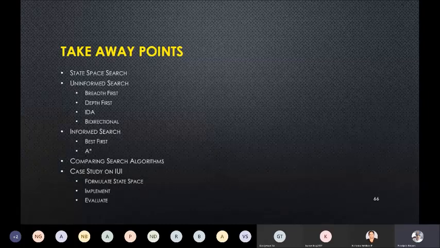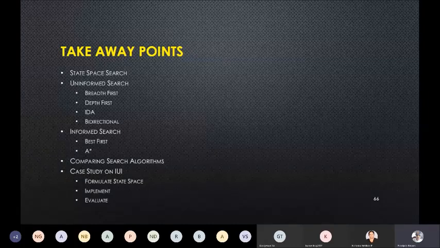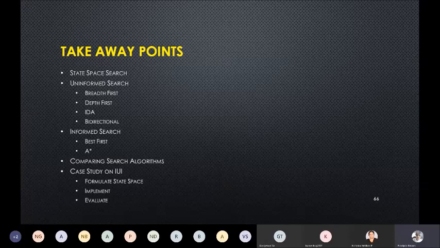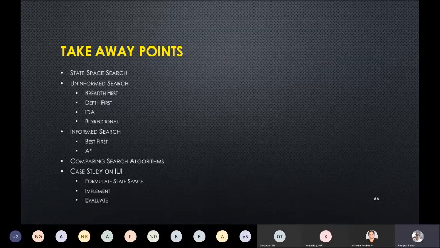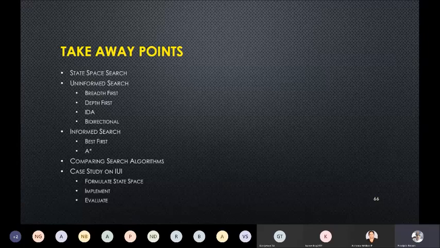These criteria are completeness, that means whether the algorithm will bring you to the goal state or not; time and space complexity as a function of breadth and depth of the state space search tree or graph; then optimality, that is, if an algorithm can bring you to the goal state, is it optimal? That means is it following the lowest or highest possible way?